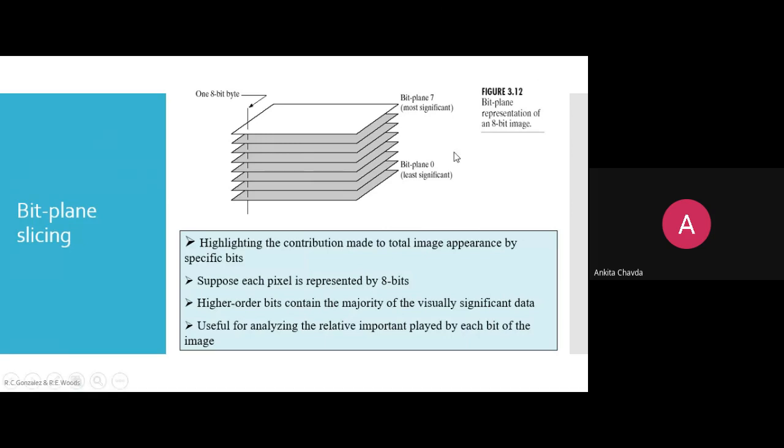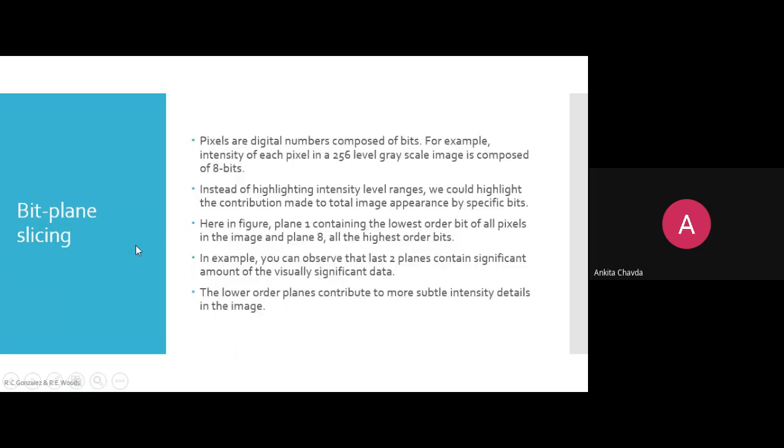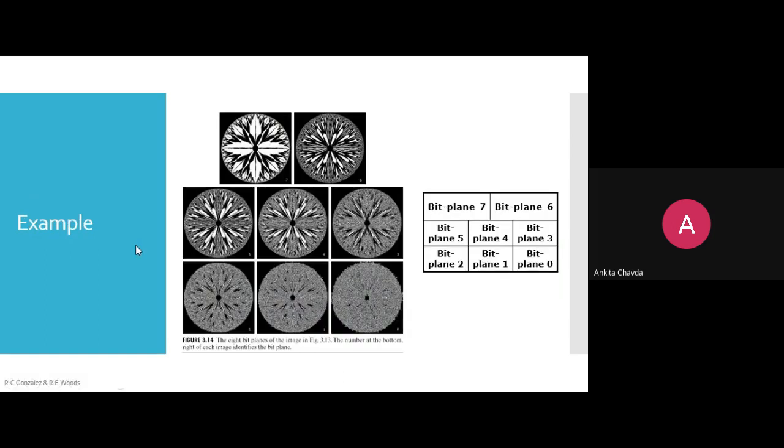See, this is the bit plane representation of your 8-bit image. This is your bit plane 0, which is the least significant bit, and here bit plane 7, that is the most significant bit, right? So you can see these levels, and you can directly see this example. Then we will see the theory. This is the 8-bit plane of an image.